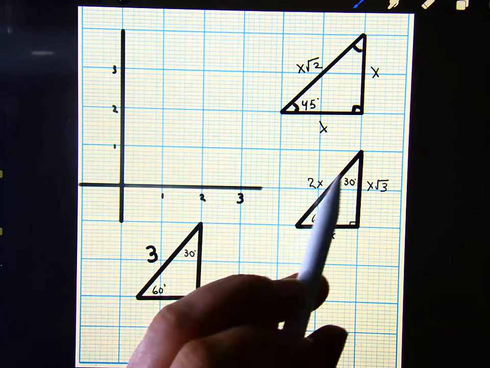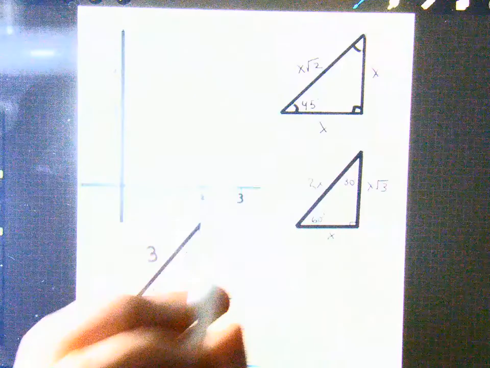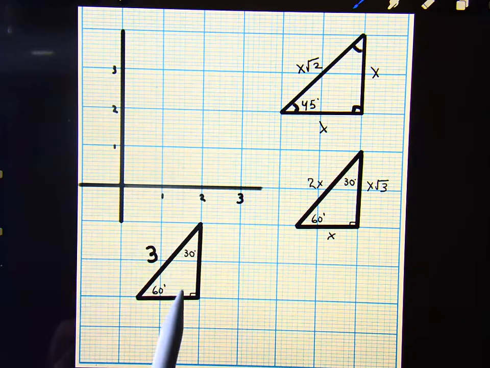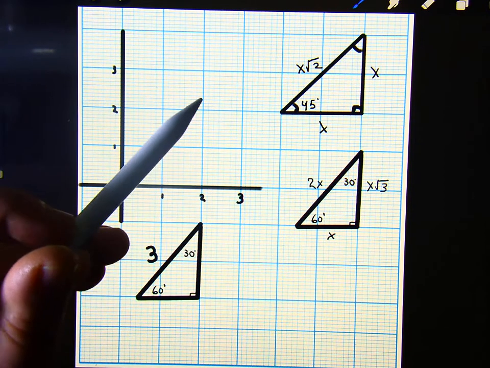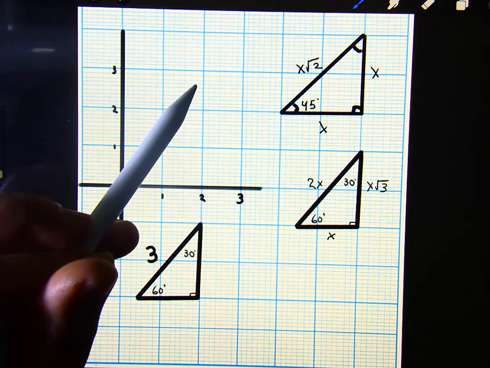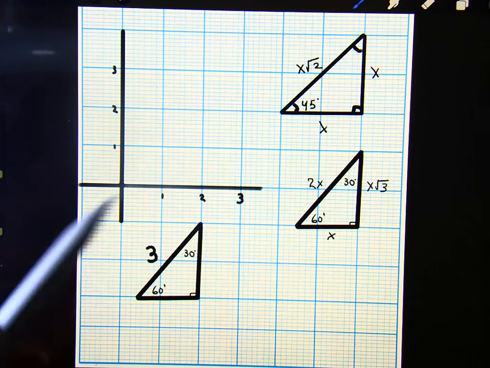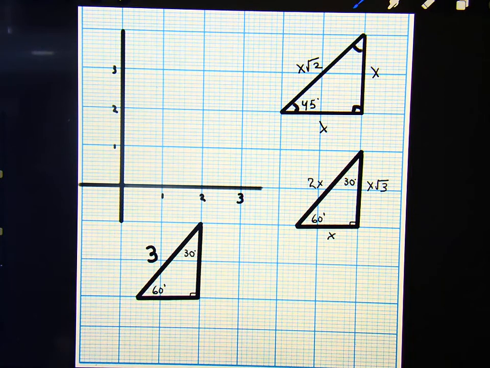Well, this says that my hypotenuse, if my radius is 3, if I pivot that up 60 degrees in this situation, we are trying to find where it lands and what its coordinate is. So we're going to use this formula here on our triangle.